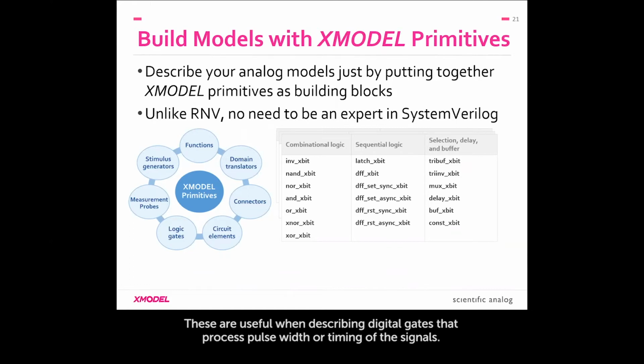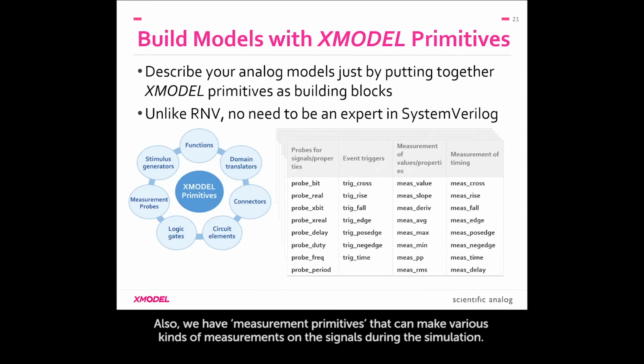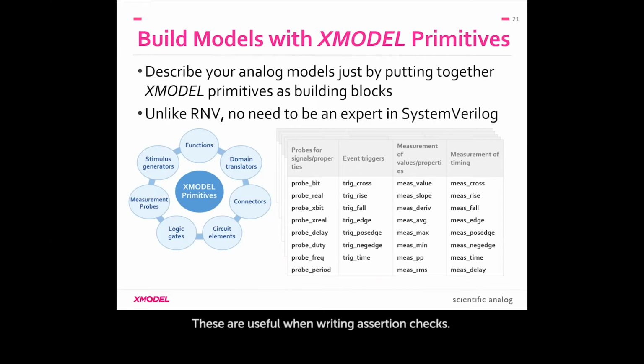These are useful when describing digital gates that process pulse width or timing of the signals. The next is connect primitives, which convert the signal types, for example, between the analog exterior and digital XBit. Also, we have measurement primitives that can make various kinds of measurements on the signals during the simulation. These are useful when writing assertion checks.